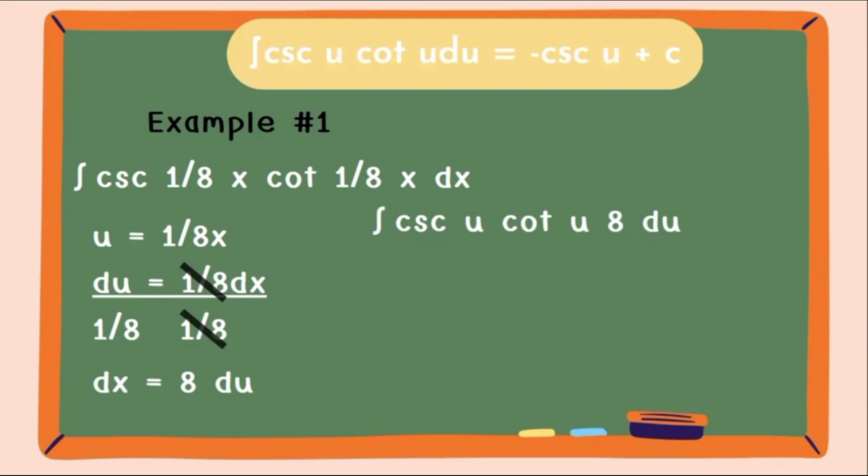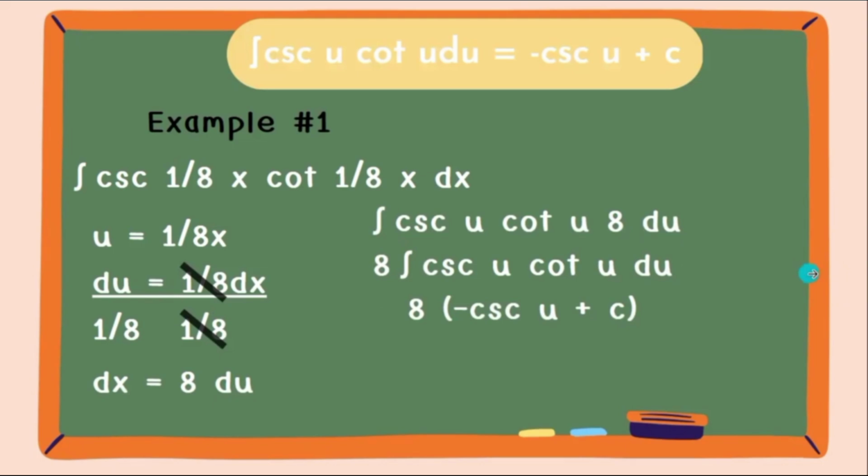Sunod dyan ay ilalabas lang natin yung 8 sa integral sign. So, magiging 8 integrals of cosecant u cotangent u du. Then, imumultiply lang yung 8 sa negative cosecant u plus c. Now, we have our final answer, negative 8 cosecant 1 over 8x plus c.